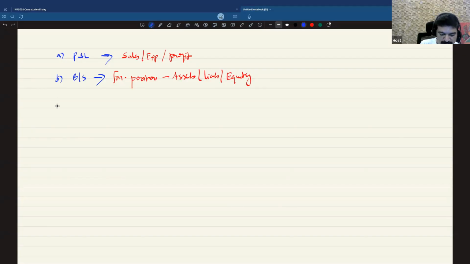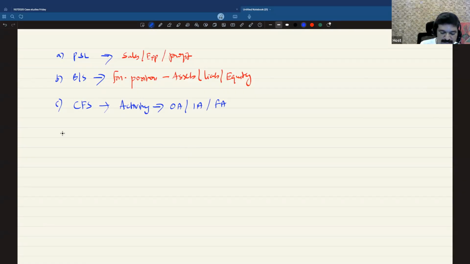Then a question may arise: still, there is a cash flow statement. A cash flow statement communicates the cash flow movement based on activities, which are classified as operating activity, investment activity, and financing activity. So these three statements are there, but their objectives are different, and they are not communicating one thing.